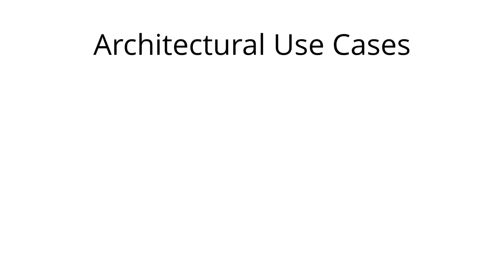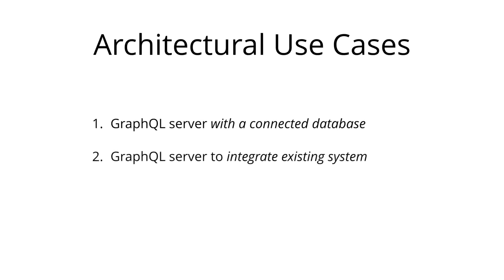We will now walk you through 3 common architectural use cases for GraphQL. The first one is a GraphQL server with a connected database. This is quite a simple setup that we'll discuss in the next section. Then we have a GraphQL server that is a thin layer in front of a number of third-party or legacy systems and integrates these systems through a single GraphQL API.